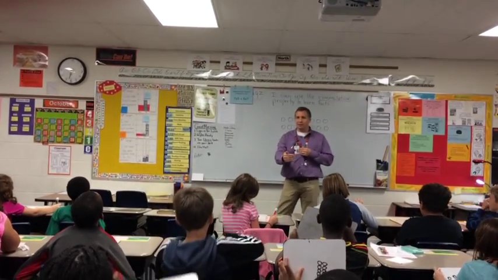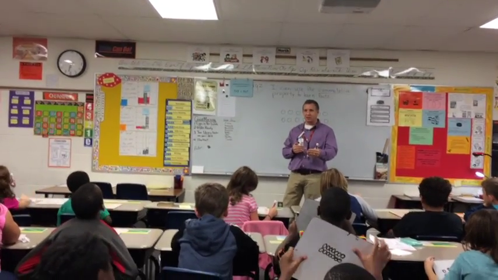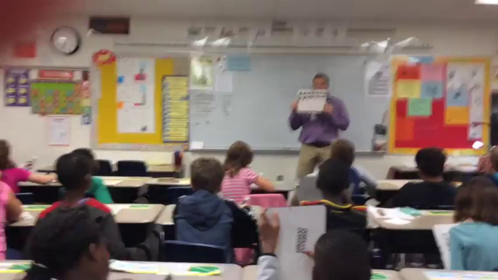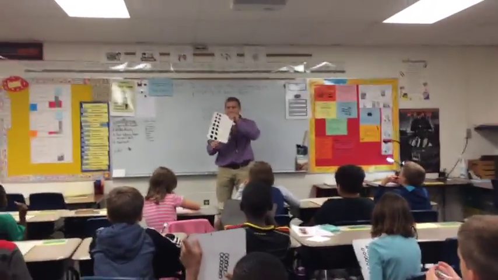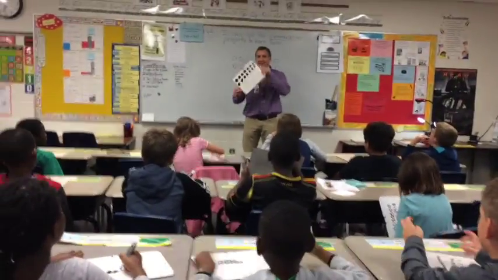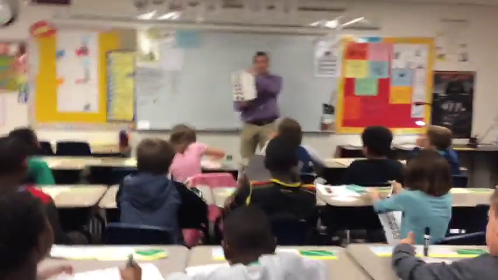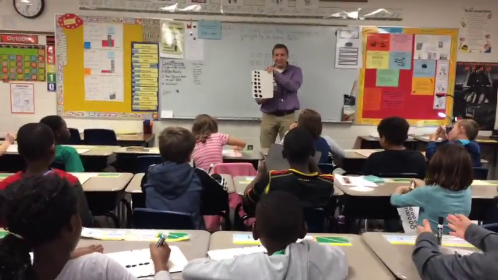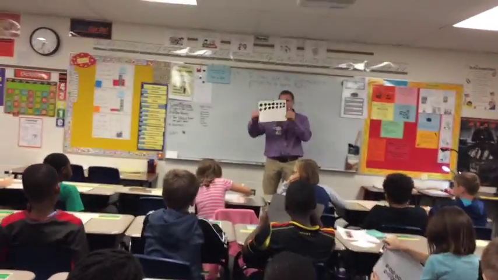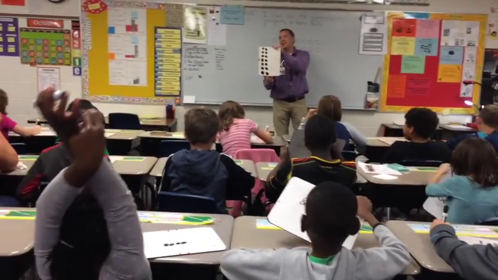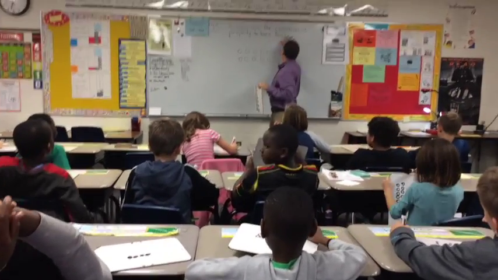No. Is 2 times 7 the same as 7 times 2? Yes. And so this is what that shows. Did the dots change? No. We just moved them. So just because we moved them from here to here, Mohammed, does the number change? No. So that's called the commutative property.